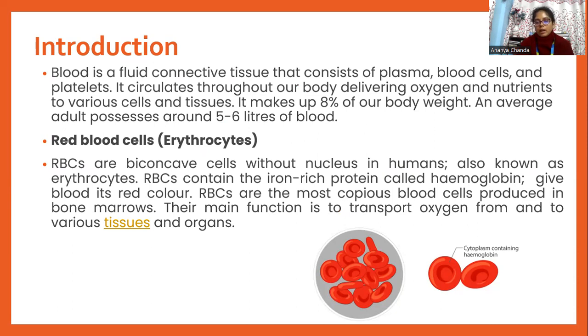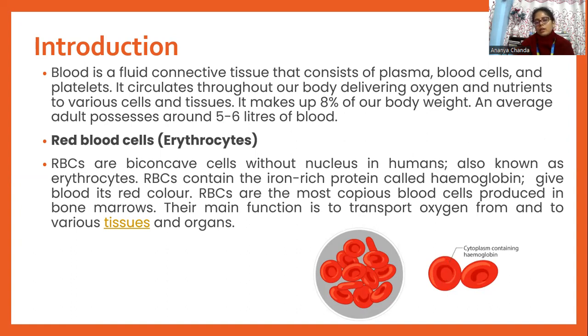First is the red blood cells, that is erythrocytes. Red blood cells are biconcave in nature, without a nucleus. They are anucleated in humans, also known as erythrocytes. They are rich in the iron protein, hemoglobin.